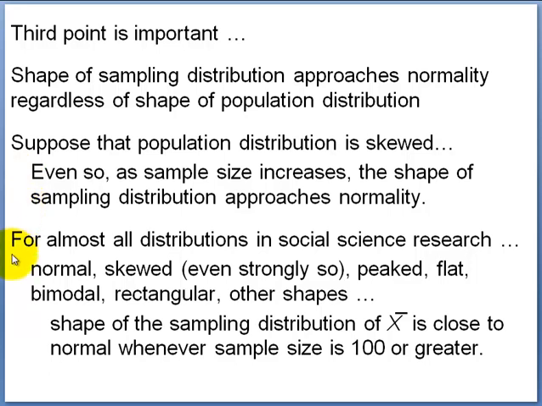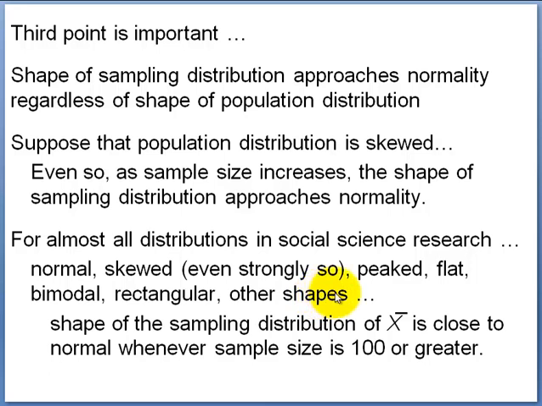And I'm going to add a pragmatic point on to the central limit theorem and state that for almost all distributions that one would encounter in social science research, that is for normal distributions, for skewed distributions, for very peaked distributions, for flat distributions, for bimodal distributions, for rectangular distributions, for other distributional shapes as well.